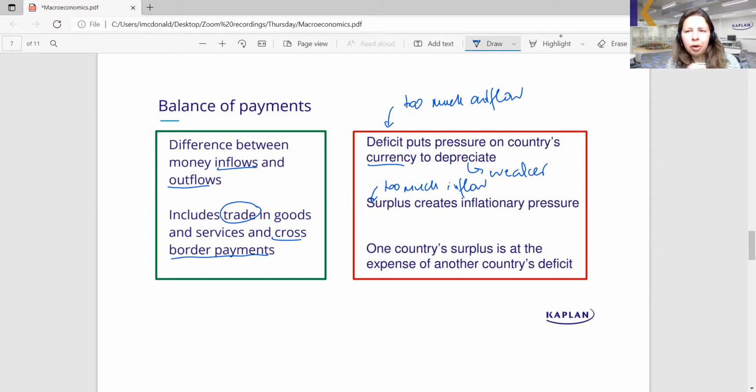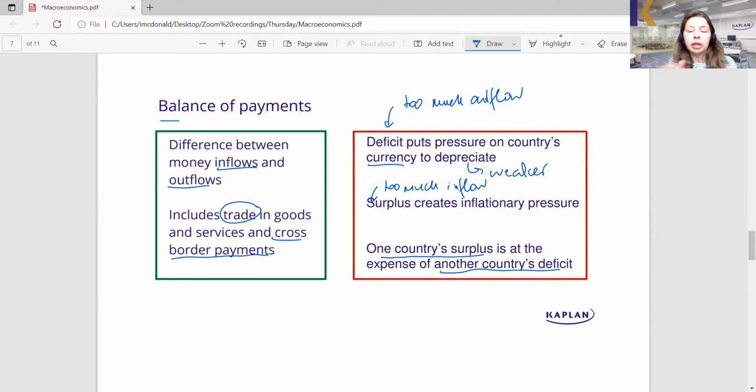We also need to understand the overall effect of international trade on the world as a whole. If one country has a surplus, with too much money going into it, another will have a deficit, with too much money going out of it, because overall, if we look at the world's economy, all of our inflows will equal our outflows.